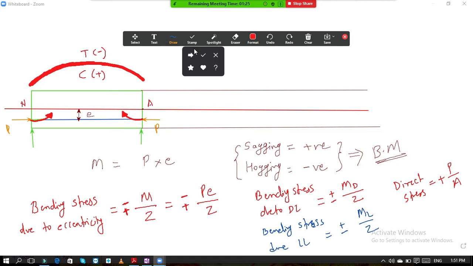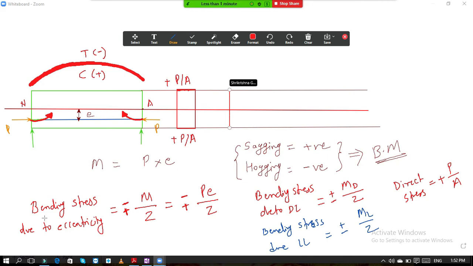Now again, if we plot all the diagrams, this is the diagram of direct stress. At top it is plus P by A, at bottom also it is plus P by A. Next, if I draw the bending stress due to eccentricity, at top it is minus, at bottom it is plus.